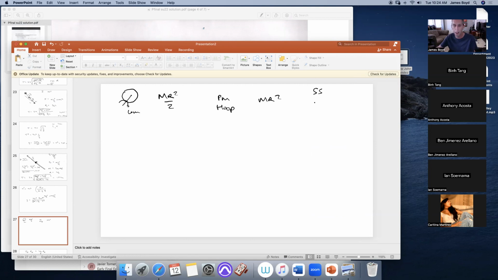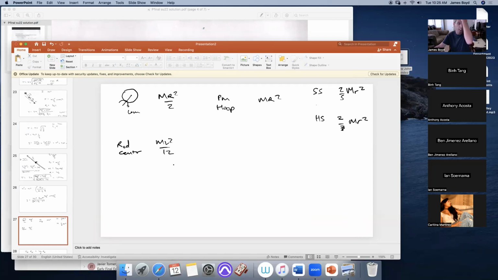A solid sphere, and you'll be given whichever ones you need, is 2/5 mr squared. A hollow sphere is 2/3 mr squared. You might remember these from when we did torque. A rod through the center would be ml squared over 12.